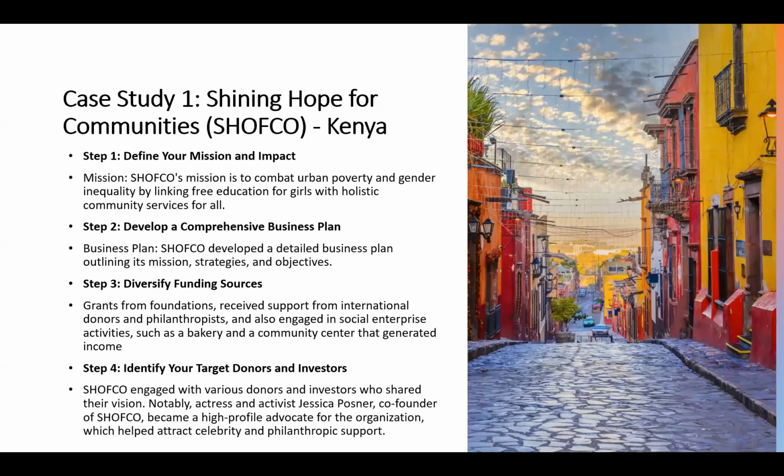They've also identified and targeted different donors and investors. And you can see how it started. One of the key things you come across is the actress Jessica Posner, who is also a co-founder of SHOFCO and became a high-profile advocate for the organization from the onset.